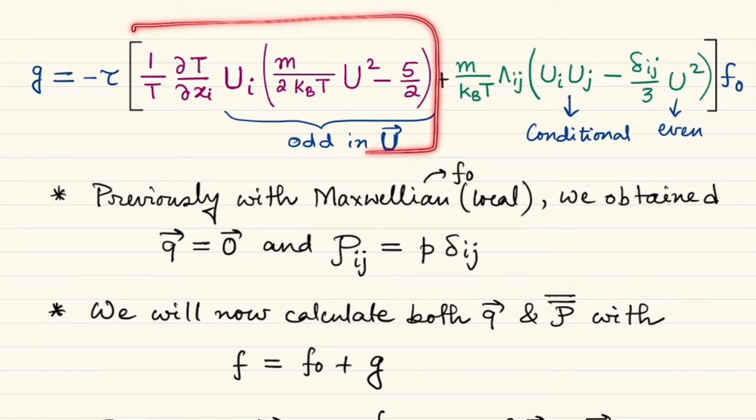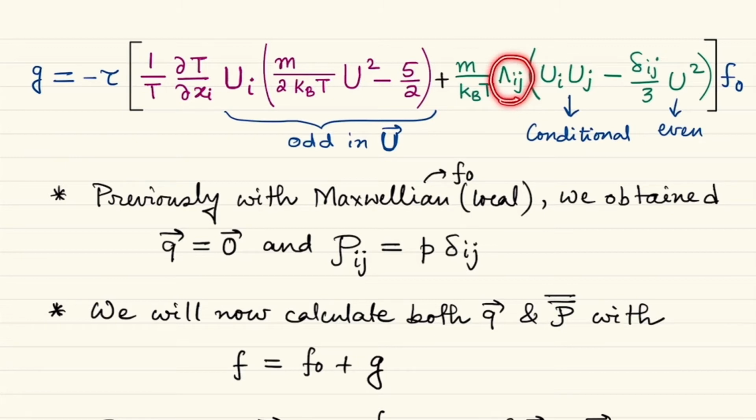One comes from this, and this one is proportional to del T del x i. Another one is proportional to lambda ij. If you remember what lambda ij was, it was just the velocity gradient tensor.